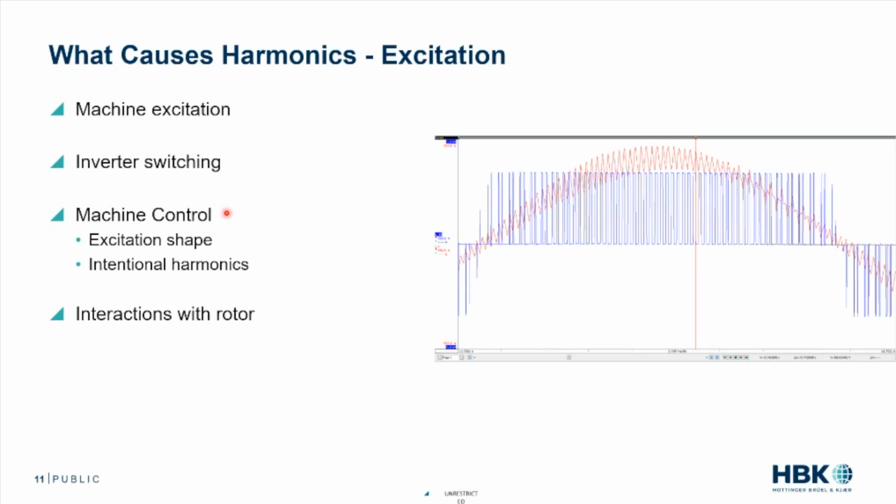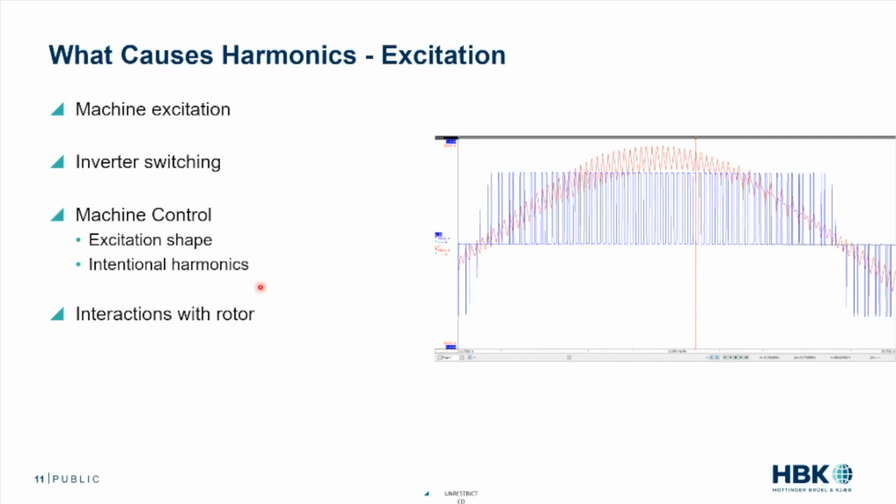The machine control. These inverters, we have a lot of flexibility. We can throw trapezoids, we can throw square waves, we can throw heart-shaped waves. But all of these, again, have that harmonic content. So the excitation shape and some intentionally caused harmonics are going to result in that frequency domain information.